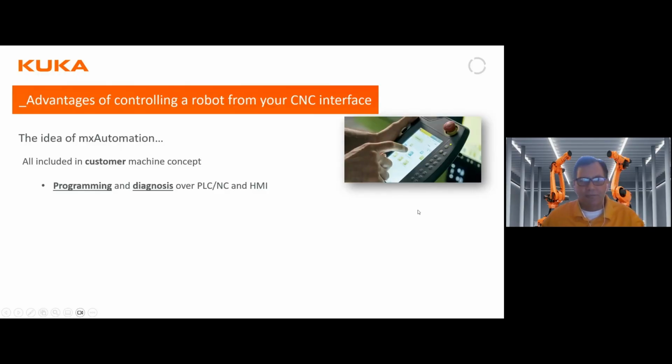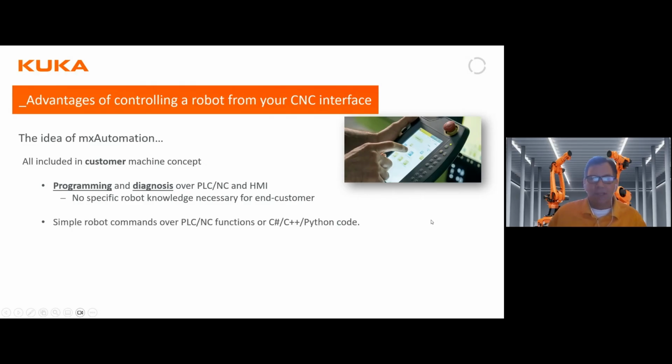So the whole idea of MX Automation is to program, diagnose, and interface everything from the robot through the PLC or the NC controls and from a common interface. So in that case, no robot knowledge is really needed by your end customer or from your engineers. If they have experience on the PLC side or NC side, in theory, they're already a robot programmer.